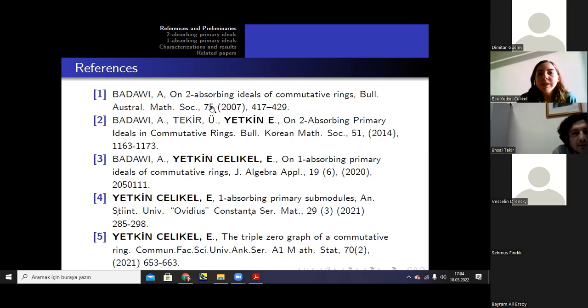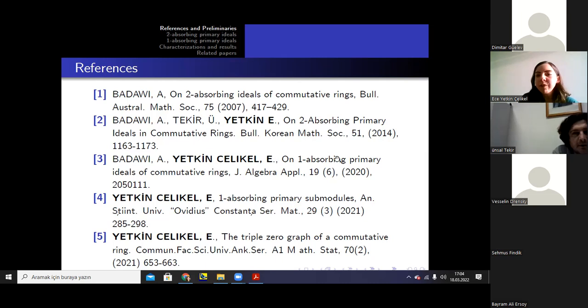One generalization of this concept is two-absorbing ideals, which were introduced by Ayman Badawi in 2007. Then my advisor, Ünsal Tekir, and Badawi gave the definition of two-absorbing primary ideals, generalizing the previous one.